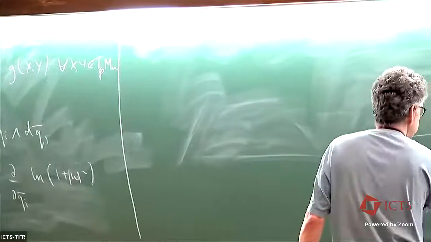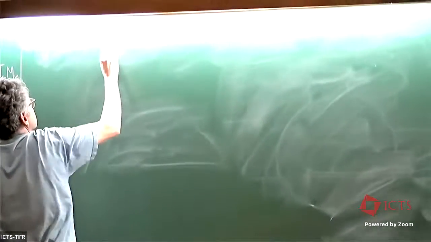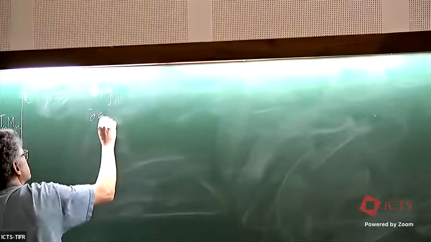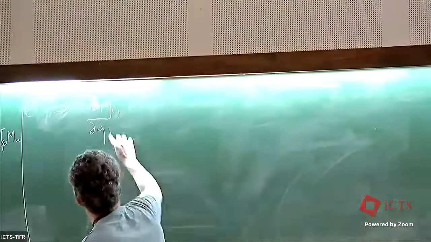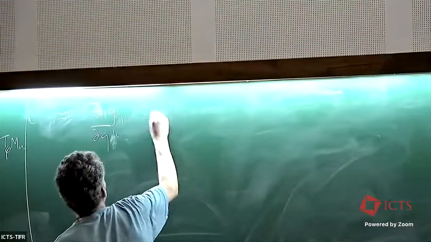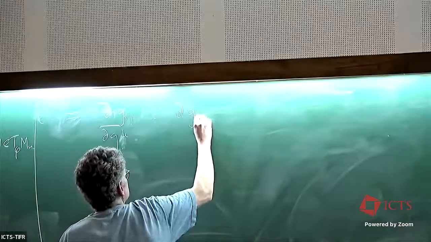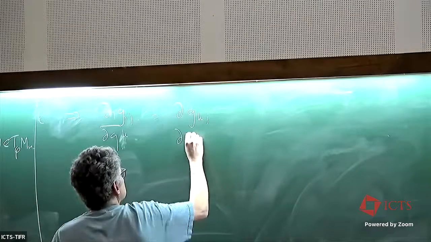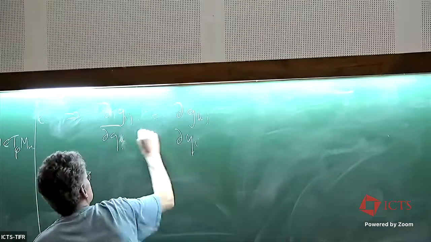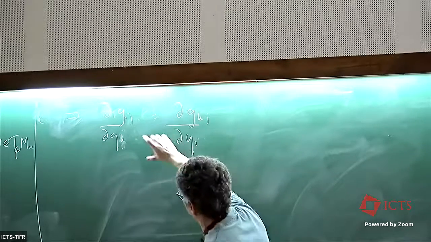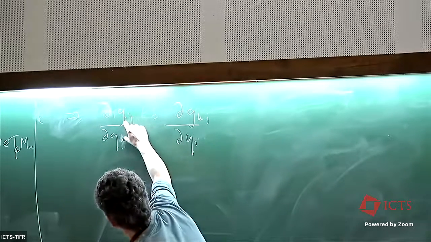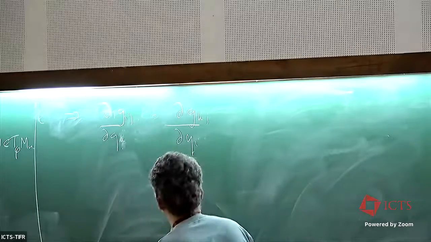And from that, it follows, at least formally, that if I take the qk partial derivative of gij, that's exactly the same as this partial derivative where I switch these two indices here. It's symmetric under that.